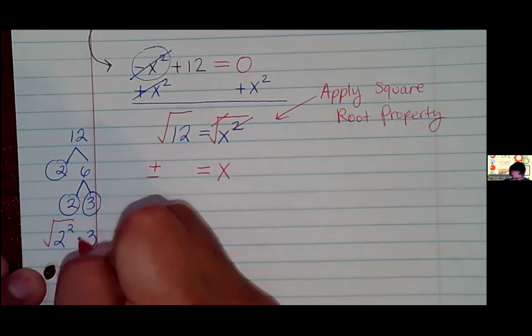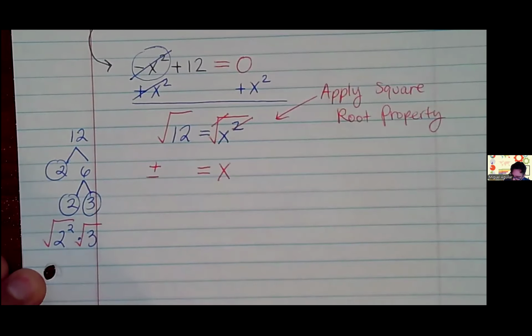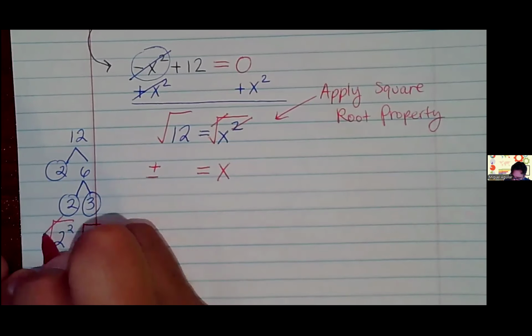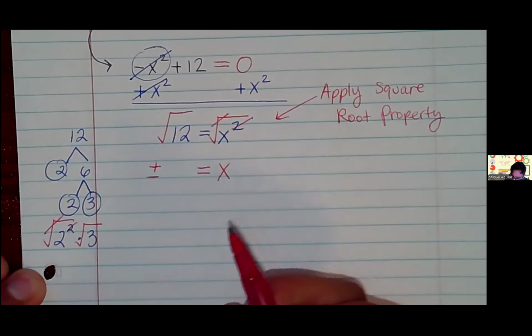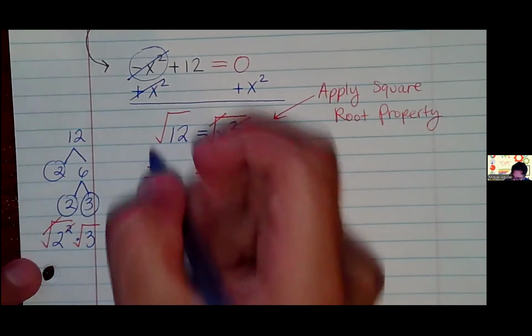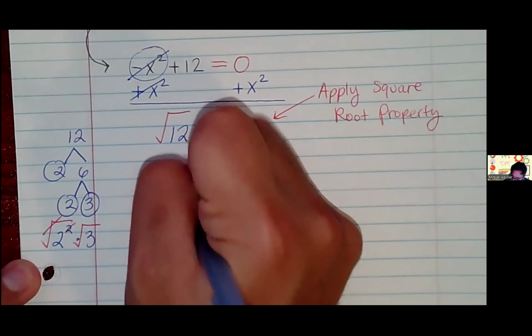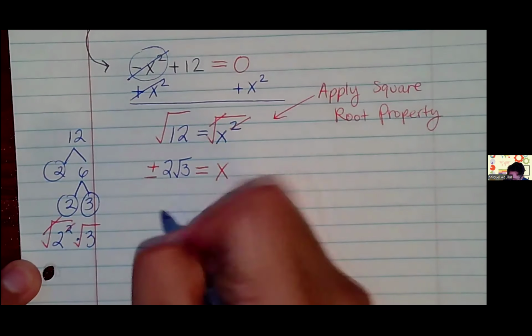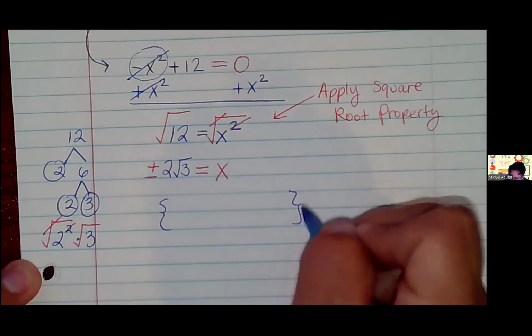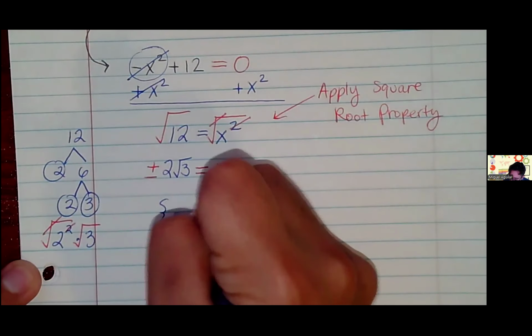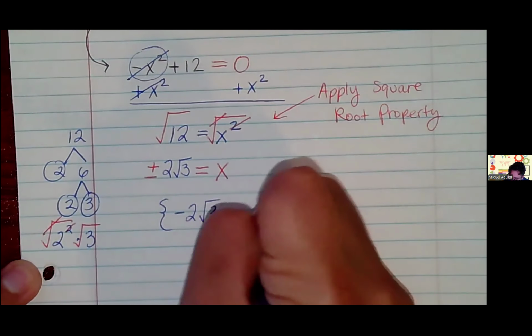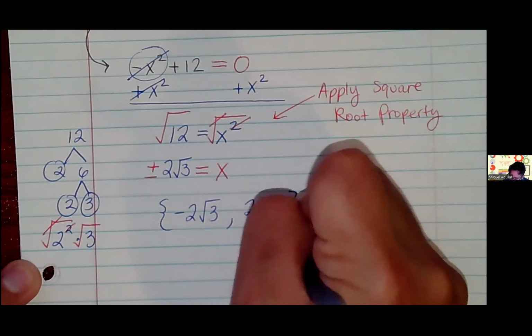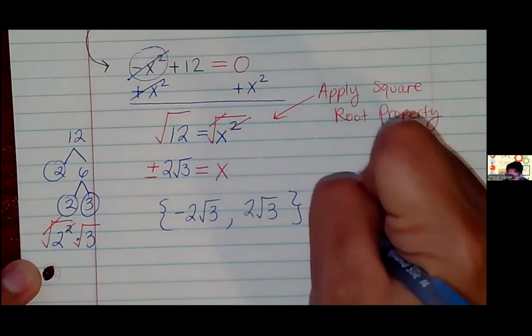Then I'm taking the square root of 12, so I'll take the square root of these factors individually, and if I have a square root of a square, those cancel out. So then this should be equal to plus or minus 2 times the square root of 3. If I needed to write my solution set, that's going to be negative 2 root 3, comma, positive 2 root 3. Okay, this would be the solution set.